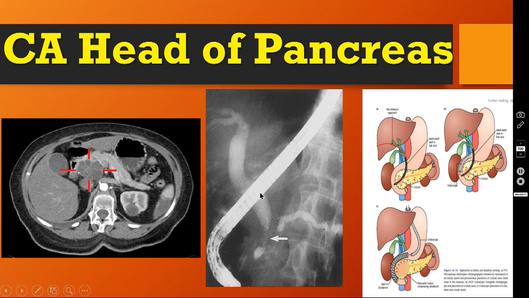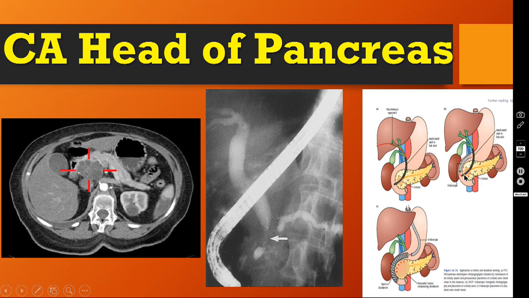Whereas here in this picture, you are seeing an endoscope here, and this is an ERCP where you are seeing both the dilated CBD and dilated pancreatic duct. This is the extrinsic compression because of the CA head of the pancreas. This is called double duct sign.